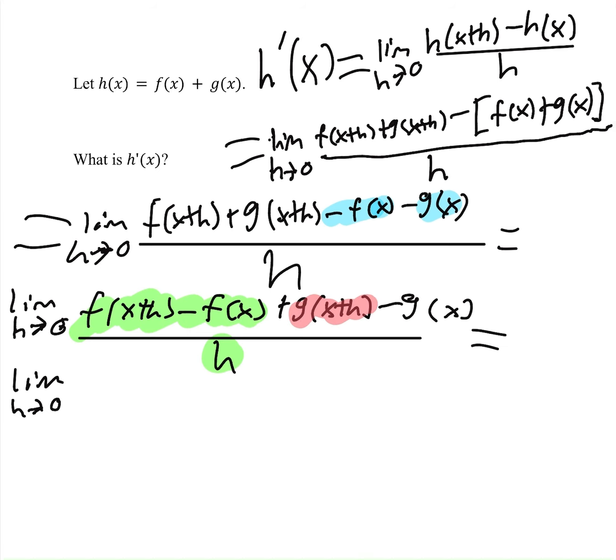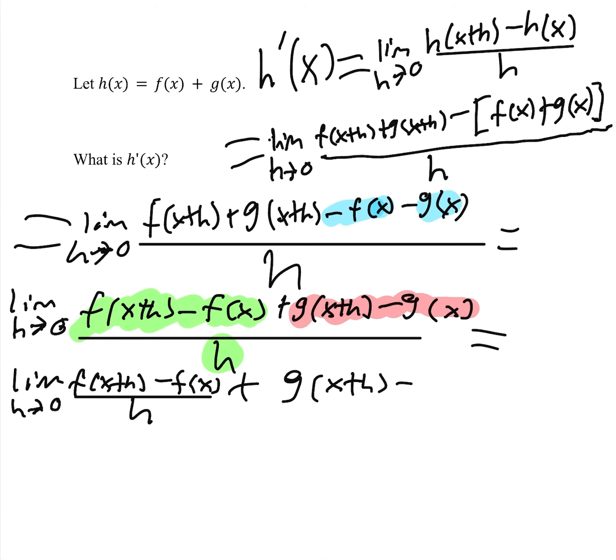And then I can also divide the h by this part as well. So this is the limit as h goes to 0 of f of x plus h minus f of x over h plus g of x plus h minus g of x over h.